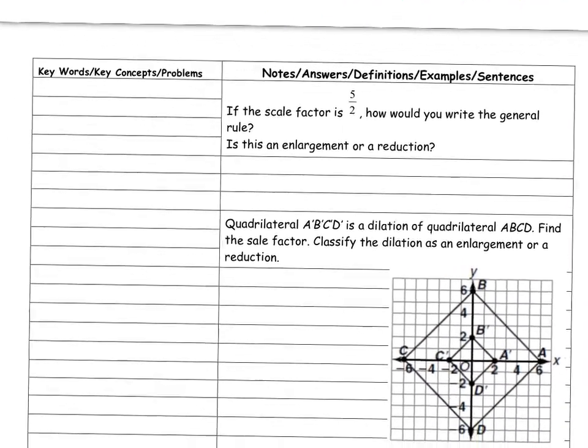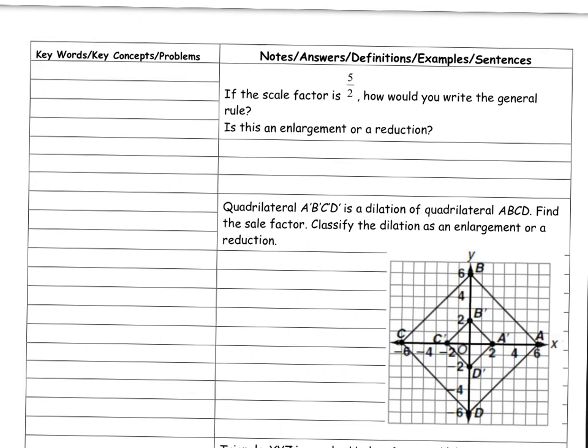Or problems, sorry. So it says, if the scale factor is 5/2, how would I write a general rule? And is it an enlargement or a reduction? So I'm going to write the rule, and the rule always starts out with xy goes to what? Well, 5/2 x, and yes, 5/2 y. Good job.